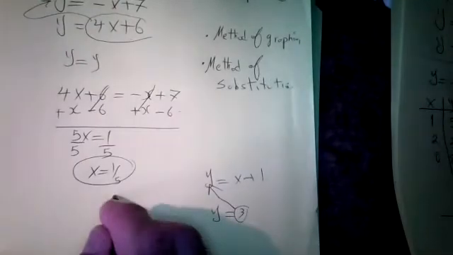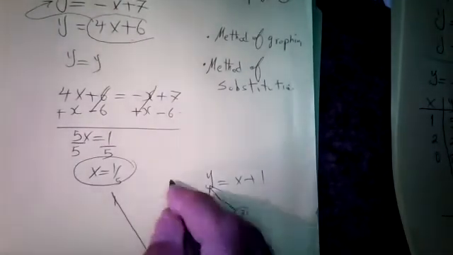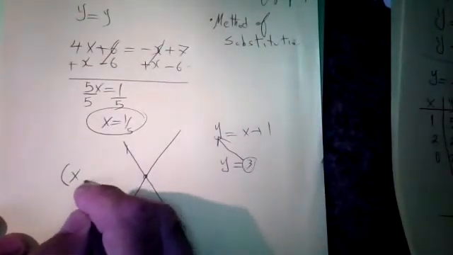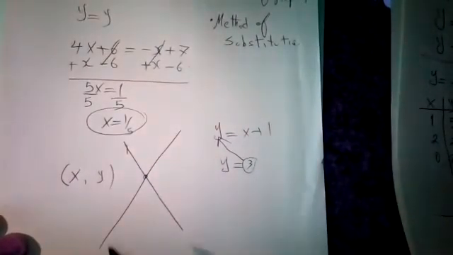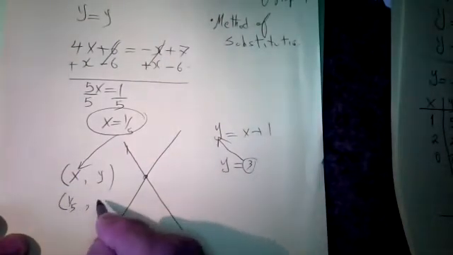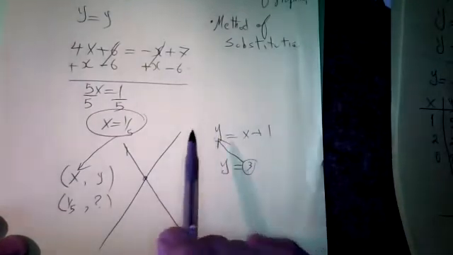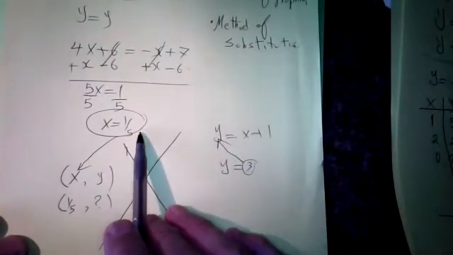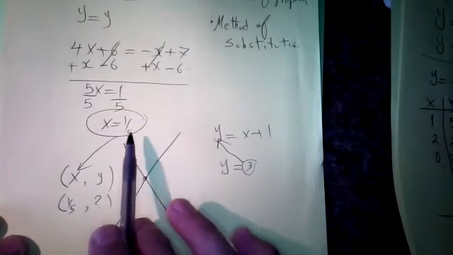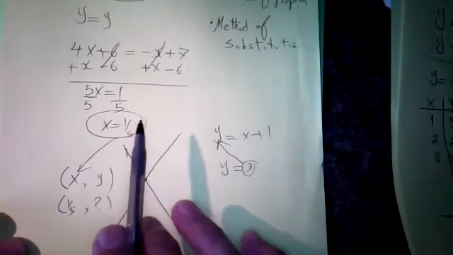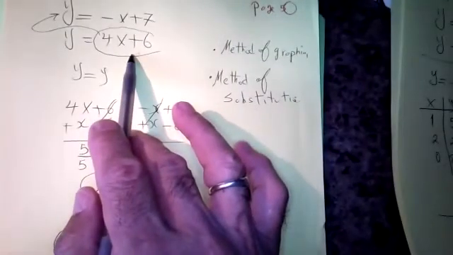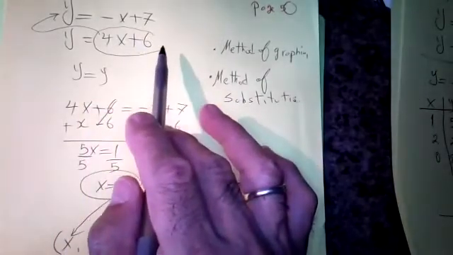Remember, when two lines are intersecting, they have x and y, right? What you did was find the x. What about the y of this point? Anytime you solve a system, when you find the x, you need to find the y too. How do I find the y? You could take this x and substitute in one of these two equations. It doesn't matter which one, either one gives you the same answer.